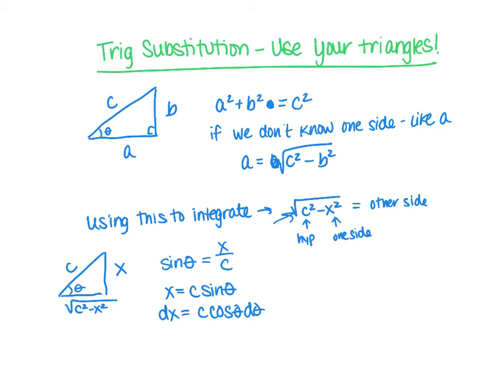If we look for the radical, we notice that we can use the cosine of theta. And so, rearranging this, we can write the radical as c times the cosine of theta.